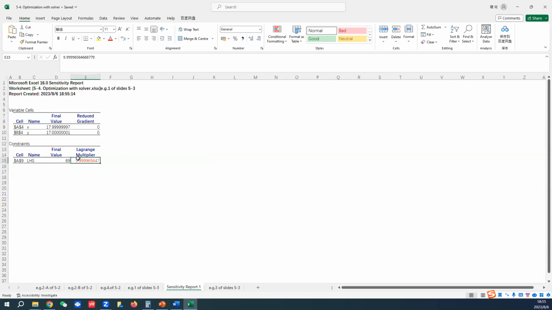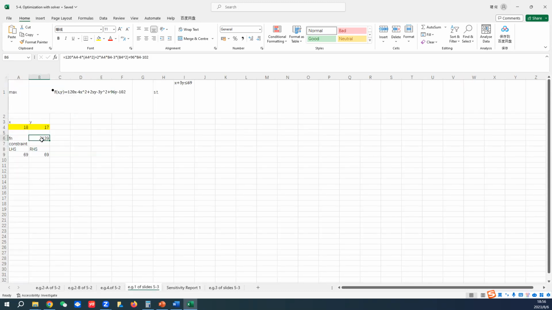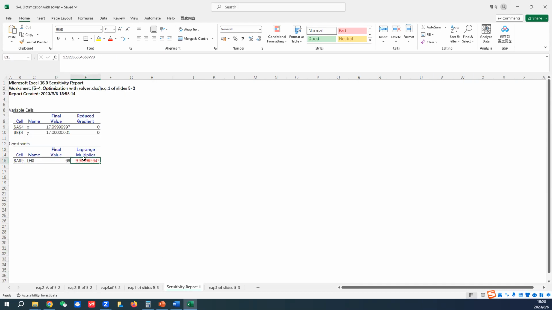What this lambda tells you is, if this constraint is relaxed from 96 to 97, the optimal function value is supposed to increase by 10 units. That's what the lambda is telling you.